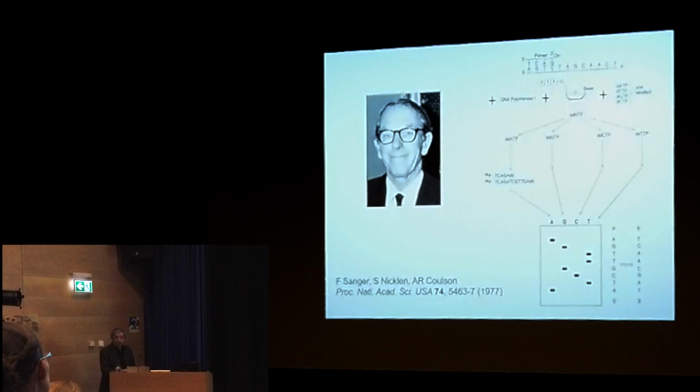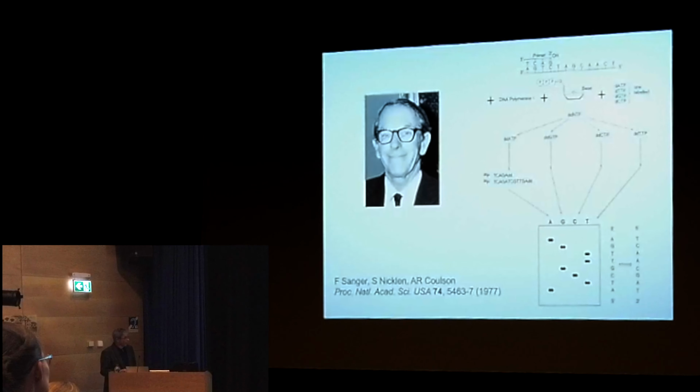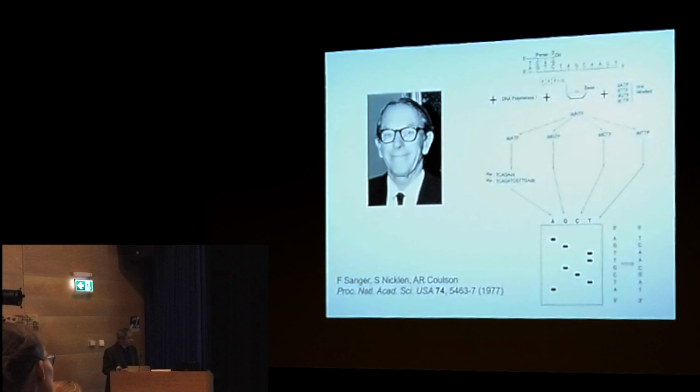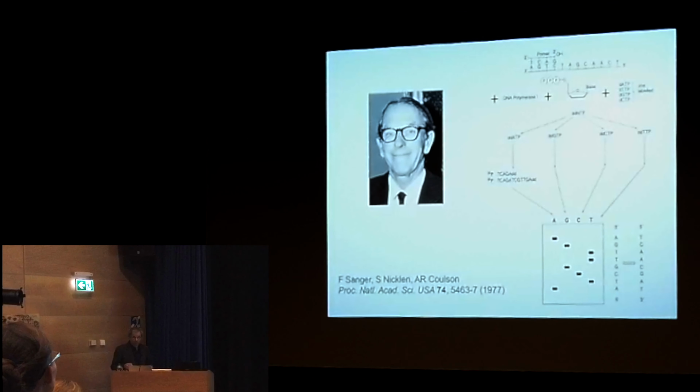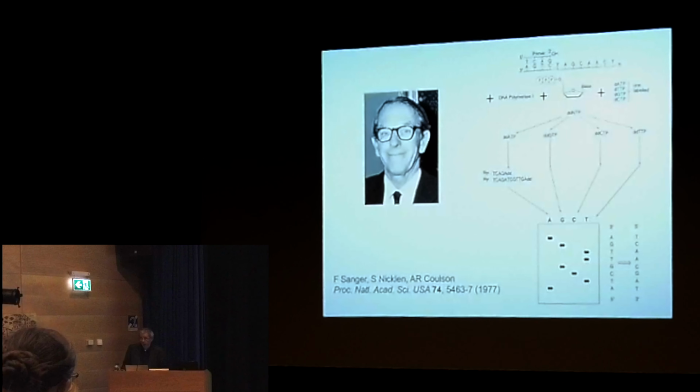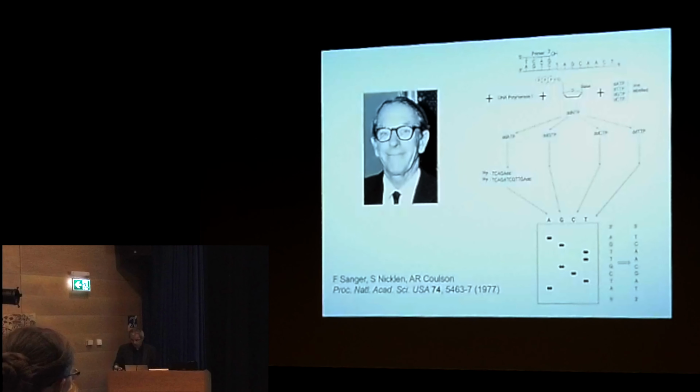So you're going to copy large numbers of DNA, and it's occasionally going to terminate. So it could terminate producing a very short fragment, or a longer fragment, or a longer fragment. So you're going to get a whole set of nested fragments, and then you're going to run them down a gel. The small ones are going to come out first, the long ones are going to come out later, and so you can work out the sequence of the DNA in this method.